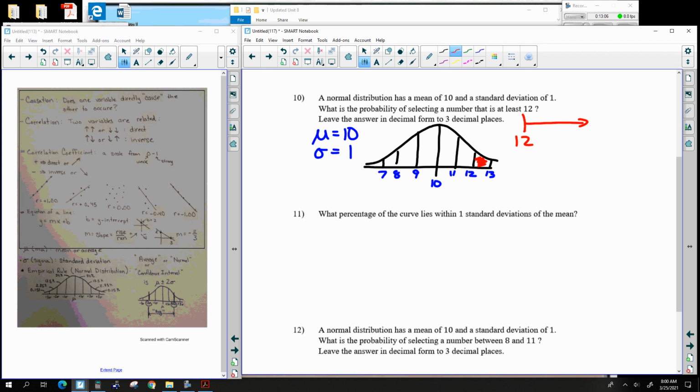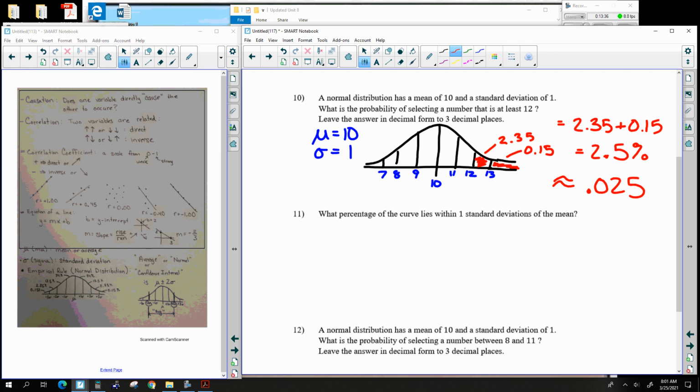So that would be this, and then the stuff that goes off into oblivion. Looking those up, that would be 2.35 and 0.15. So at least 12 is going to be the addition of those, which would be 2.5%. They want that as a decimal, so move it 2 decimal places. That'd be 0.025 as a decimal.